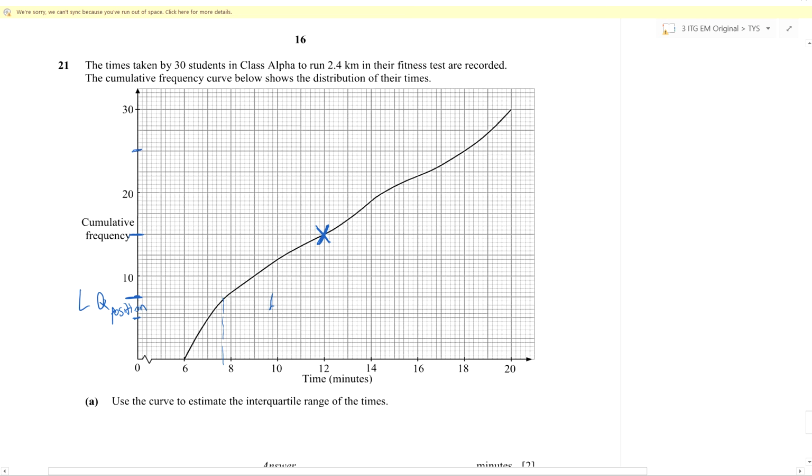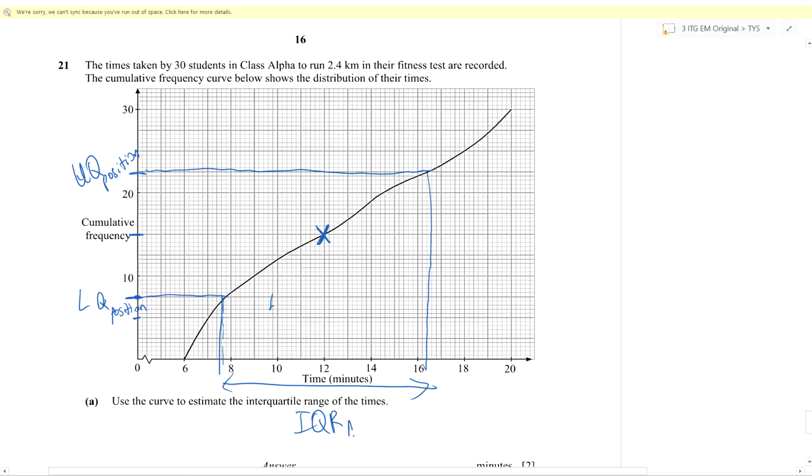And this over here will be my upper quartile position. This is how we got the interquartile range for class alpha, and it is this much.